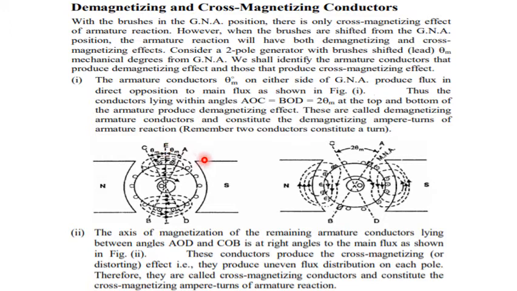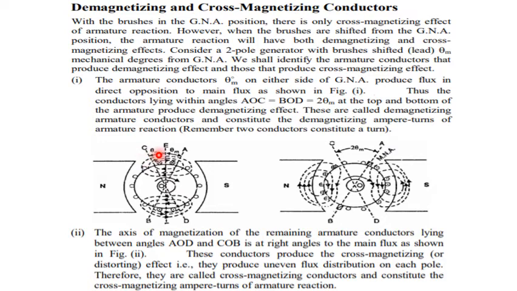Now the armature conductors within theta m on either side of the GNA produce flux in the direction opposite to the main flux. Whatever the position of the theta m conductors on either side of the GNA, they produce flux in the direction opposite to the main flux.